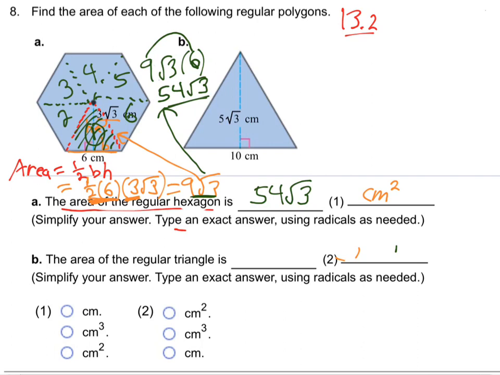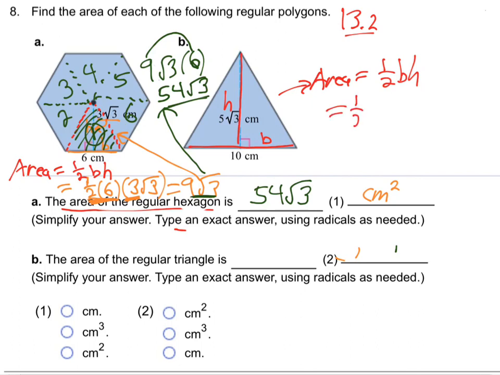All right, now the second one will be much easier. The area of this triangle, it's just a half base times height, because it's just one triangle. It's not 6 triangles inside of a regular hexagon. It's just one triangle. This is the base down here, and this is the height right here, which is 5 root 3.